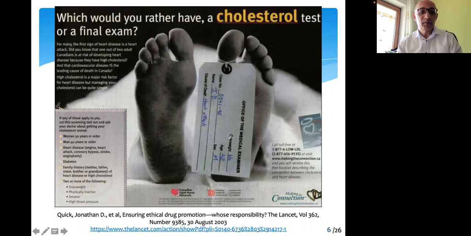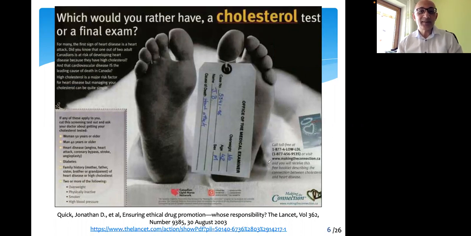What is the purpose of this ad, and how you would react when you see this as a citizen walking in your city, and on the billboards you see the big picture saying: which would you rather prefer, a cholesterol test or a final exam.